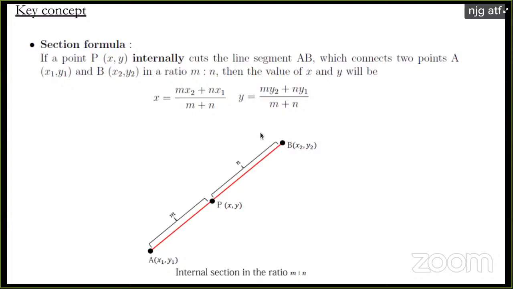You can see here, m is the ratio length which is in between A to P, but this will be multiplied to the x coordinate of B. So m times x2 plus n times x1 divided by m plus n will be the x coordinate of P. And in the same way, if you wanted to calculate the y coordinate, m times y2, this m will be multiplied with the y coordinate of point B, and n will be multiplied with the y coordinate of the point A, and it will be divided by m plus n.